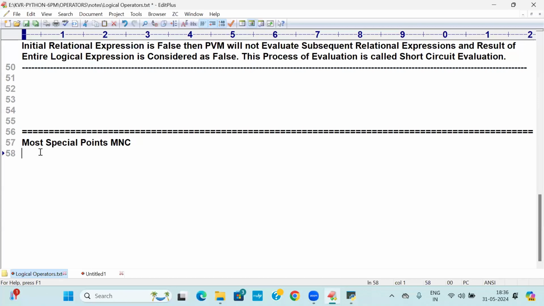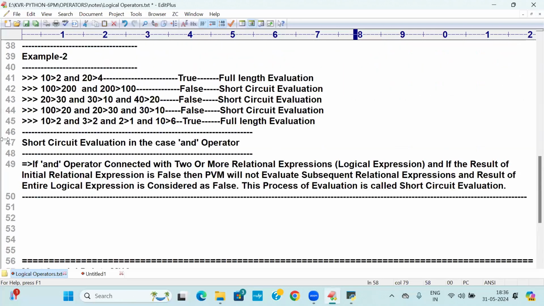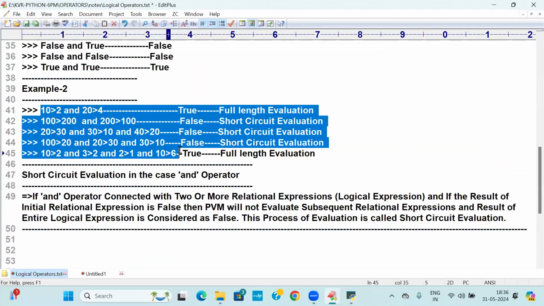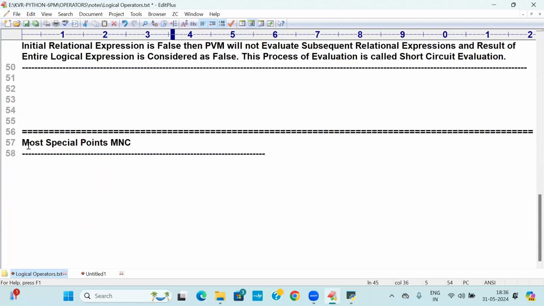Now I'm ready to go for special points. For this only I'm explaining. I don't ask this type of questions. Yesterday I asked questions like India, INDA, and they are mind blowing. Compulsorily you will not answer, 100%.